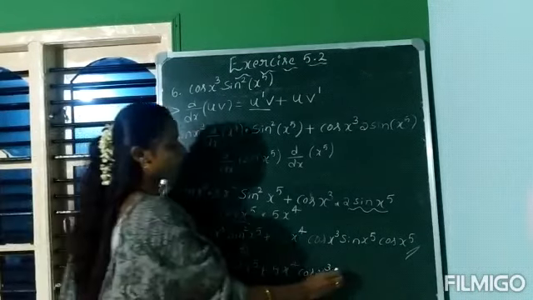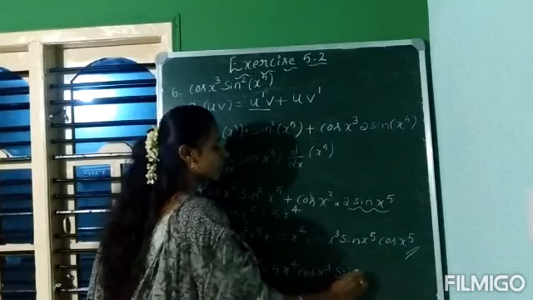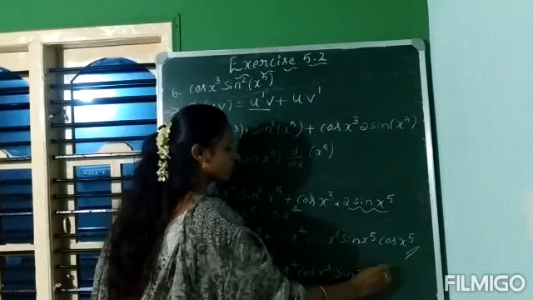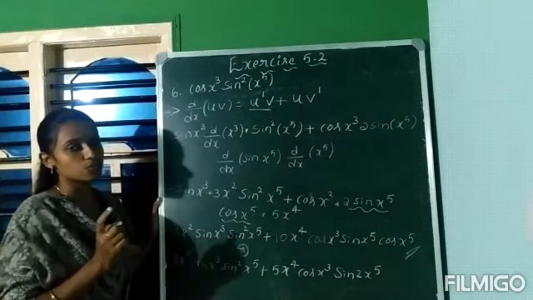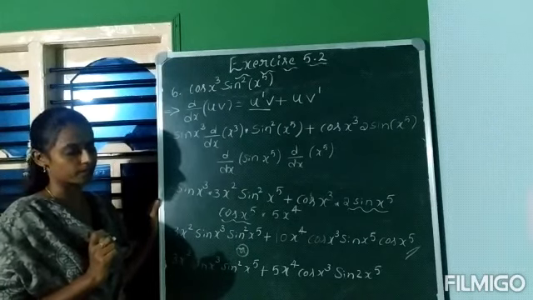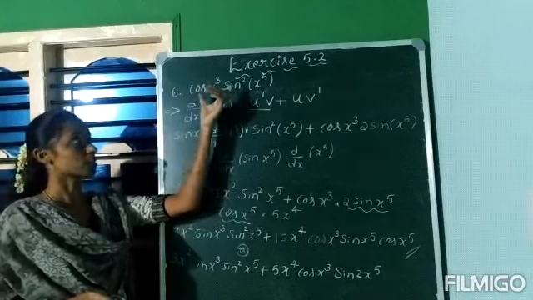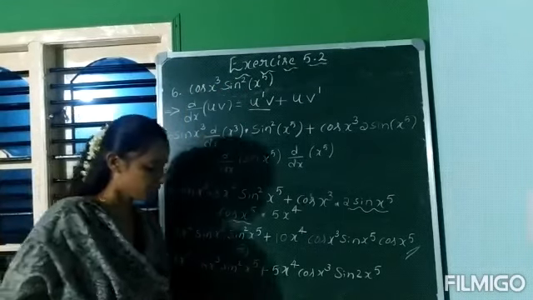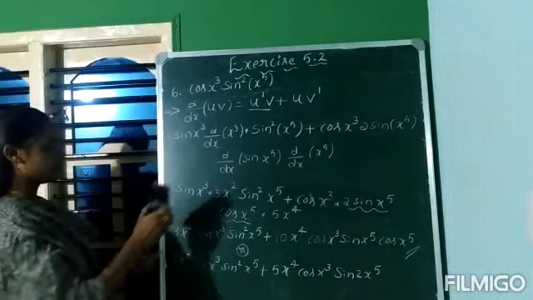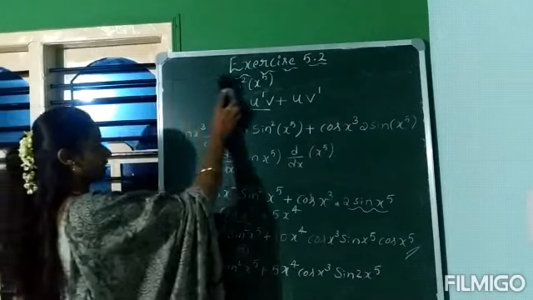I just write it as sine 2x power 5 because sine 2x is 2 sine x into cos x. Okay, so this is the answer for the given composite function and that product. So this is the 6th one. I'll just move on to the 7th.